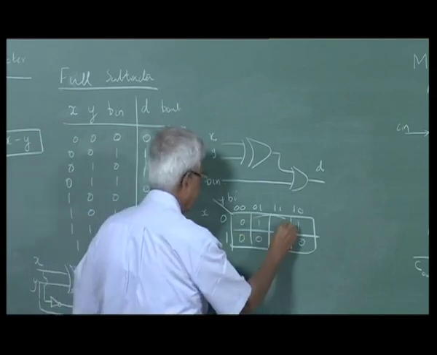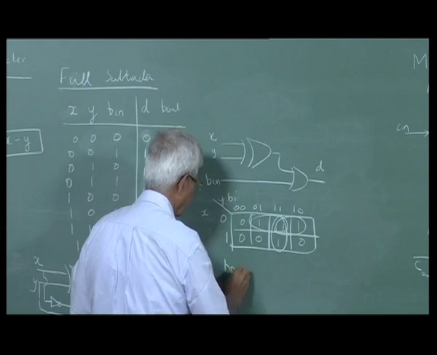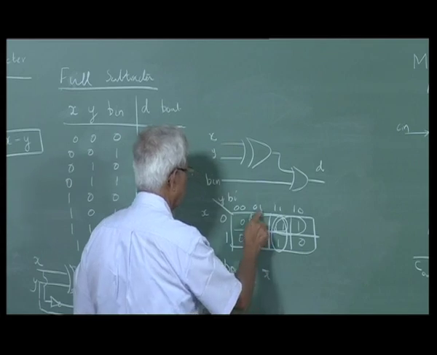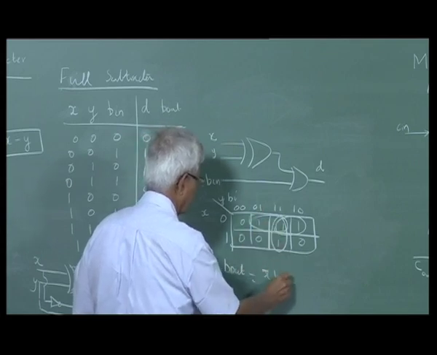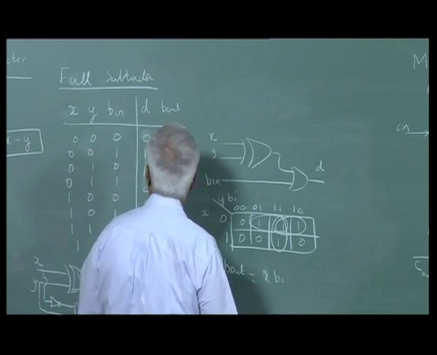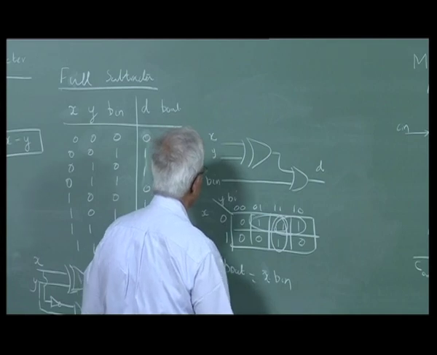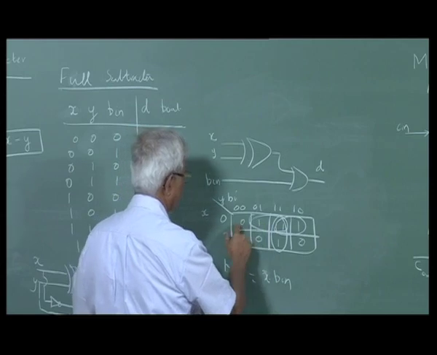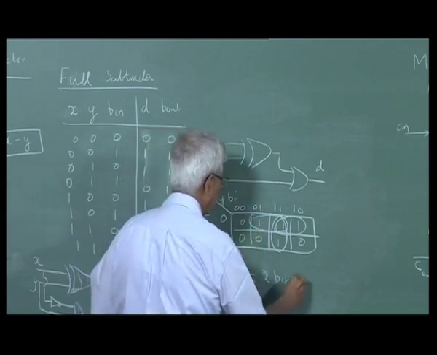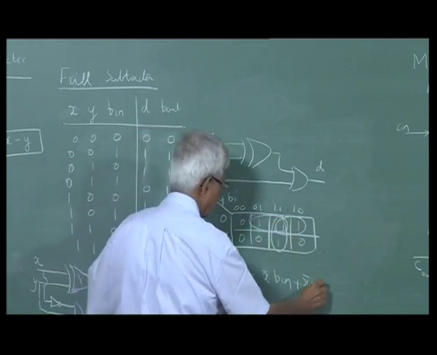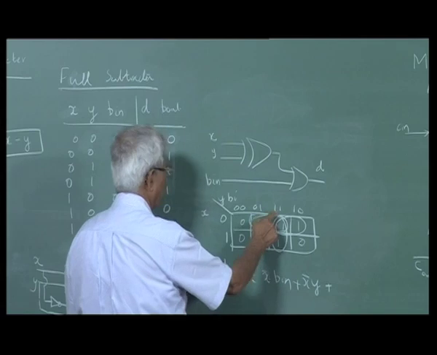So now borrow out would be x bar y, x bar B in, and y B in.